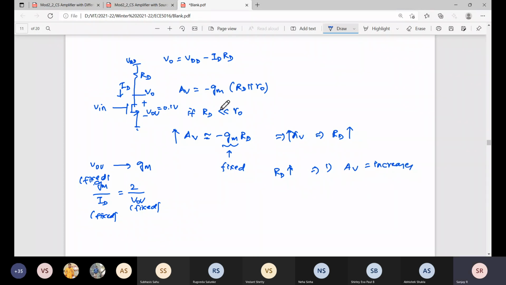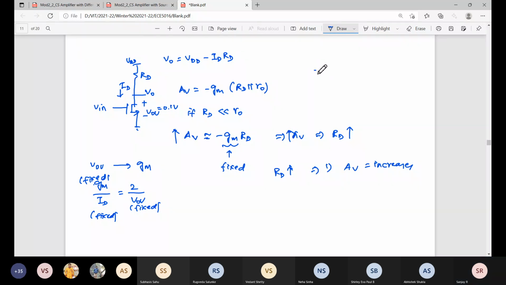Looking at this formula, what will happen when increasing the RD? Does the output swing increase or decrease? Output swing decreases, because we are decreasing the output DC level.